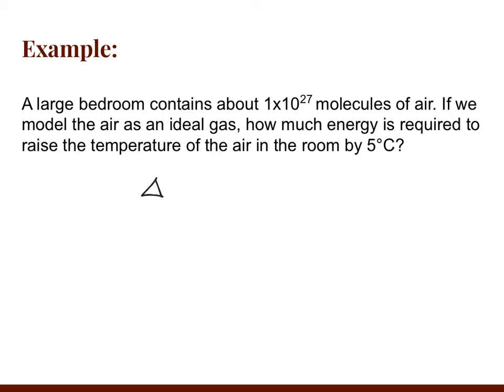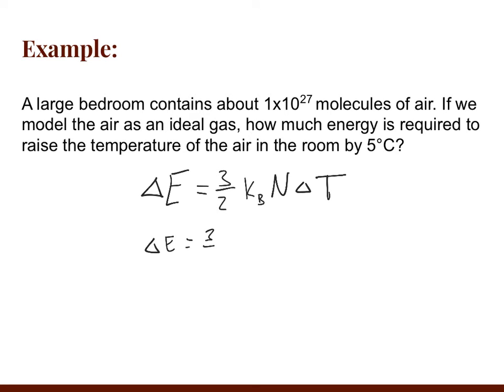So we use that equation. The change in thermal energy is equal to 3/2 times the Boltzmann constant times N times delta T. I think those variables are out of order, but the commutative property of multiplication says it's fine. So we'll do change in energy equals 3/2.